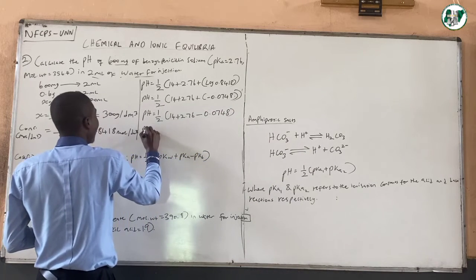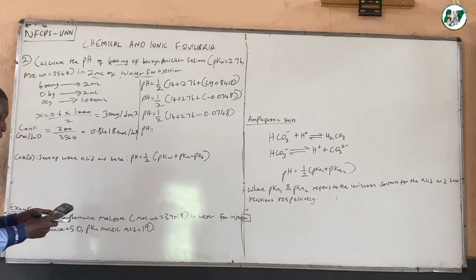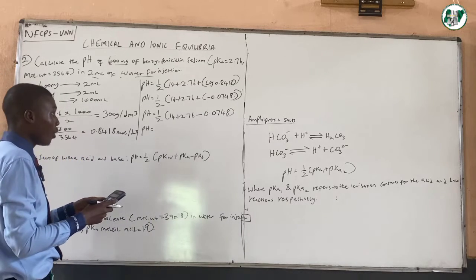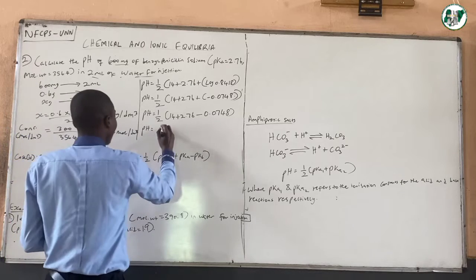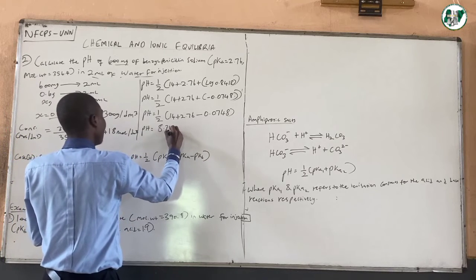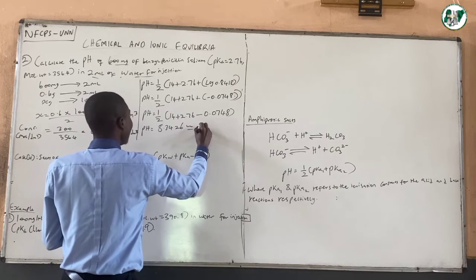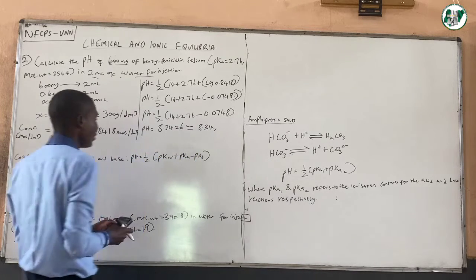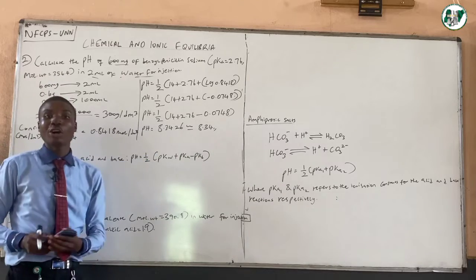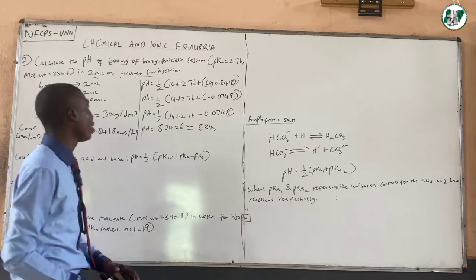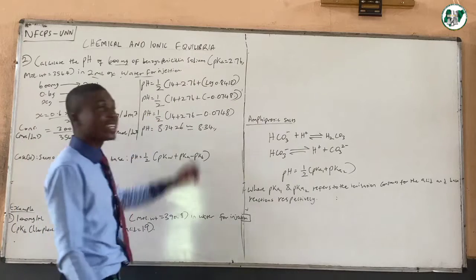So our final pH value is now equal to 14 plus 2.76 minus 0.0748 divided by 2, and our value is going to be 8.3426, which is approximately 8.34. So the pH of the solution is 8.34, and you can already see that 8.34 is greater than 7 because this is formed from the salt of a strong base and a weak acid.